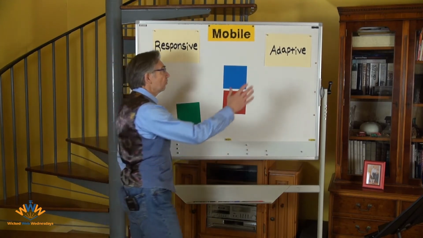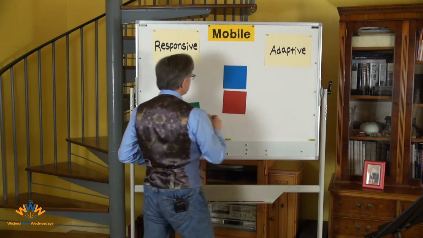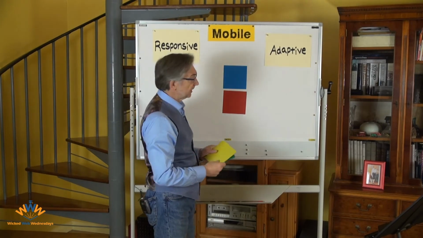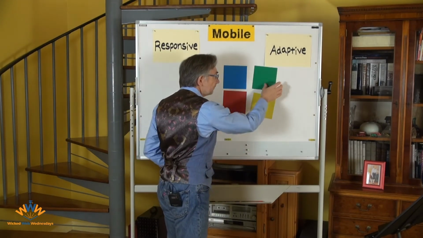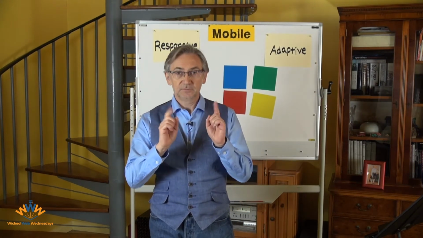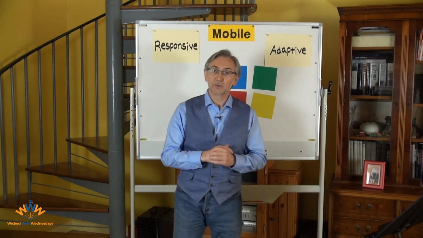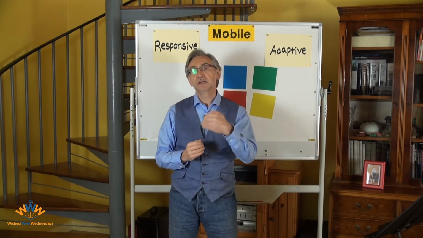So what's an adaptive website about? Because this is really quite interesting. Adaptive websites can, if you instruct them to, load a different site depending on what device they detect at the end that is going to receive the website.